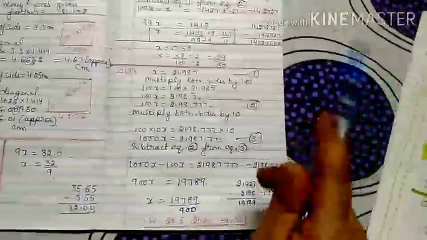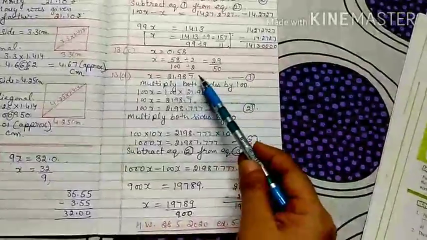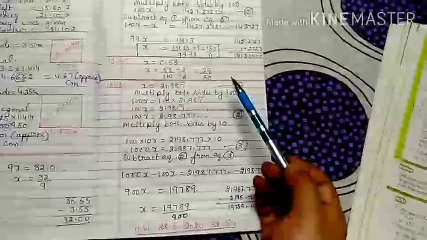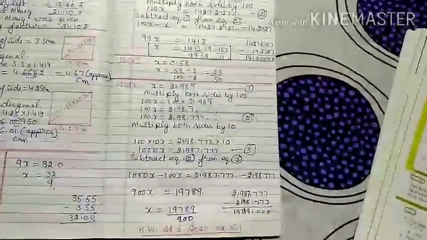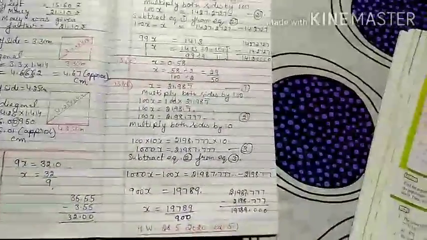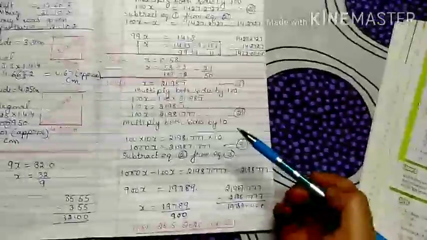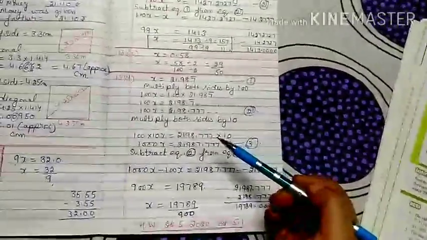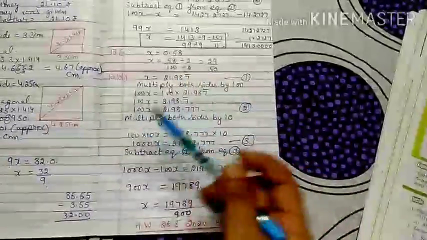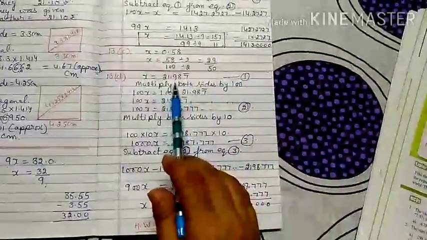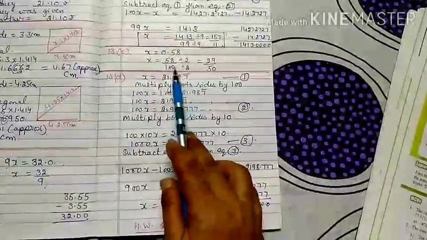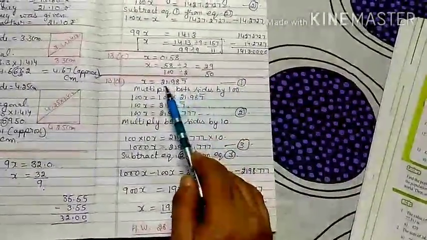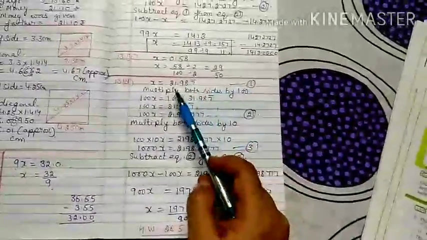Now your D part is 21.987. Only 7 is the repeated number. I told you before that before making the equation, there should be only the repeated digit left after the decimal. If a non-repeated number is there, before making the required equation you have to shift this decimal to before the recurring digit.